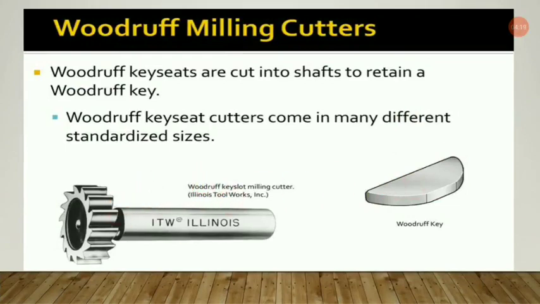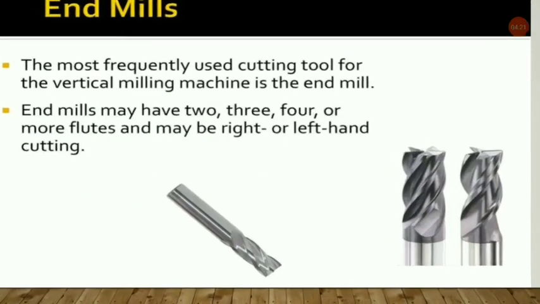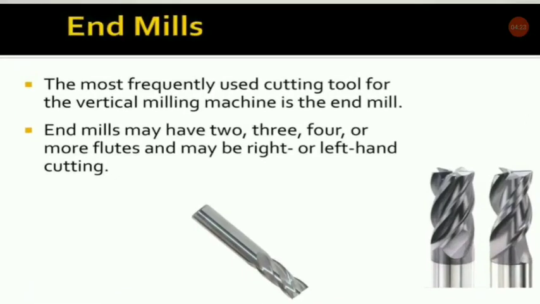Next we move on to end mills. Similar to the Woodruff cutter, end mills are widely and frequently used cutting tools for the vertical milling machine as well as milling cutters. So you must take note of end mills as well.